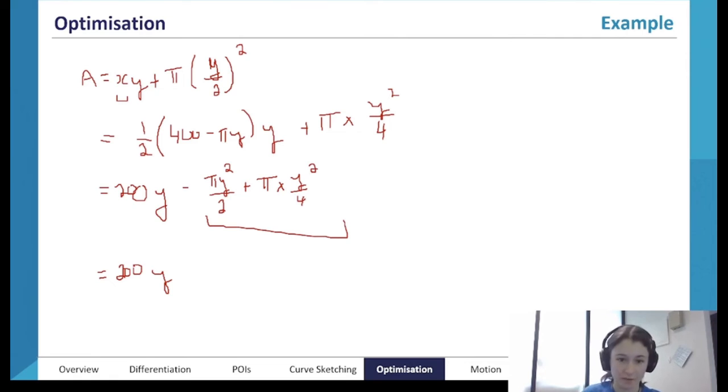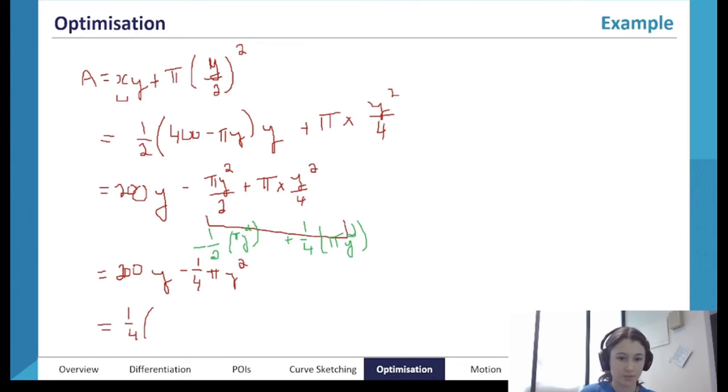So what we have here is negative a half pi y squared plus a quarter of pi y squared. So the pi y squared terms are the like terms, and then we can just do our algebra to combine them together. That's what I'm talking about there. So if we have negative a half plus a quarter, we are going to have negative quarter pi y squared. And now as per the question, we need to take out a quarter.